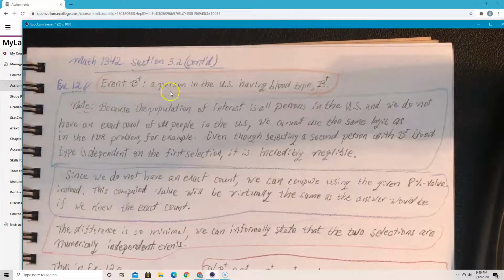A randomly selected person in the United States having blood type B positive, that's the event we're interested in, and I named it event B positive. Some authors like to keep the names of events to A and B and that's it.